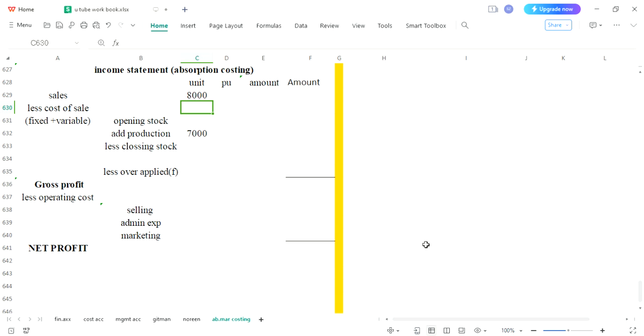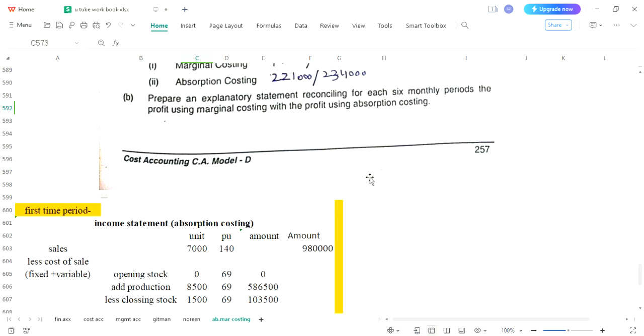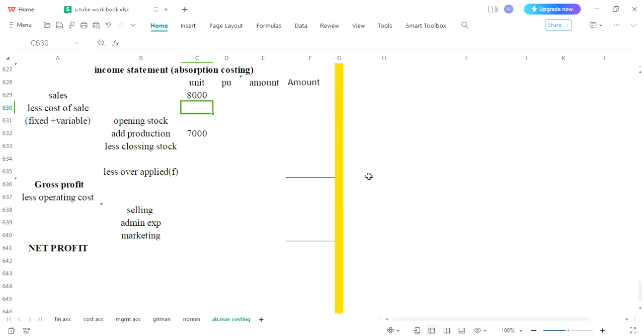In this way we have completed it. Now per unit cost, selling price per unit is 140. So you will put 140 in front of sales. For opening closing costing, since we are following absorption costing, per unit for absorption costing includes both fixed and variable. We have mentioned as well over here.